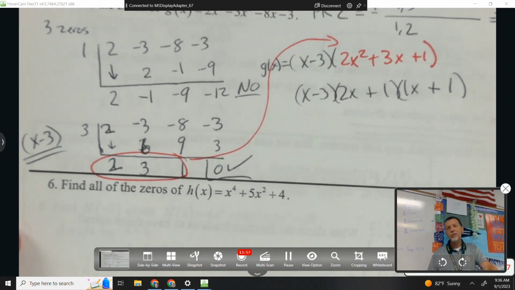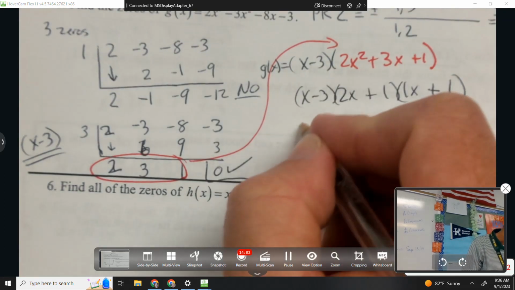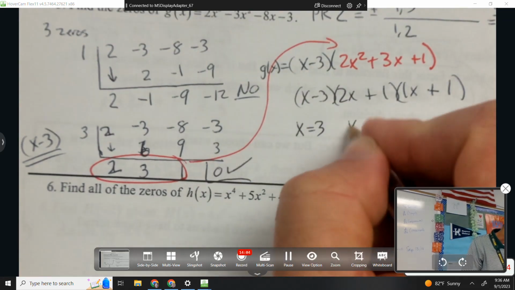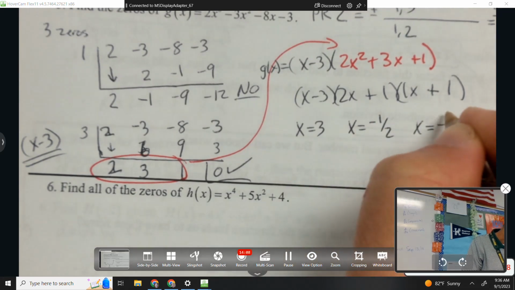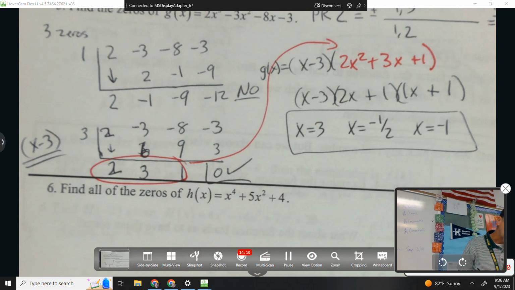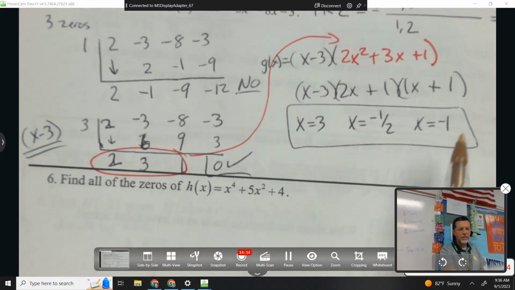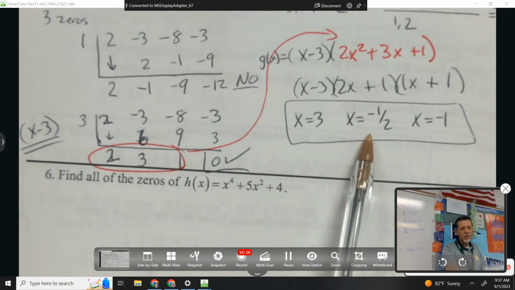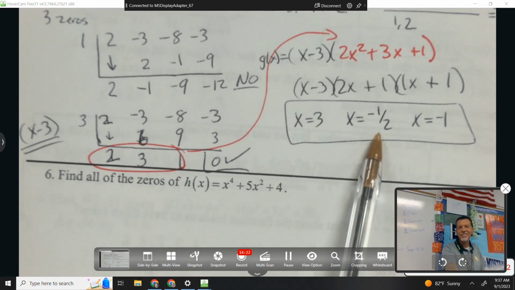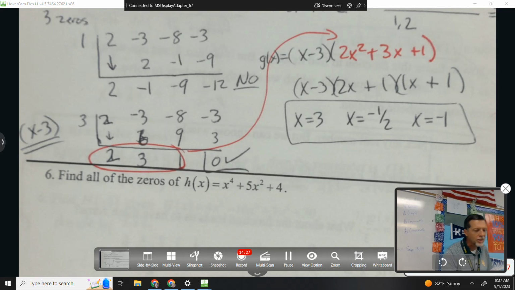If it's trouble factoring, it's going to be a long year. So x equals 3, x equals negative 1 half, and x equals negative 1. Our second guess, I went with 3. Somebody had said negative 1, and so negative 1 would have worked as well. I wouldn't try the fractions until you ran out of the integers. But if you had guessed negative 1 half, it would have worked.